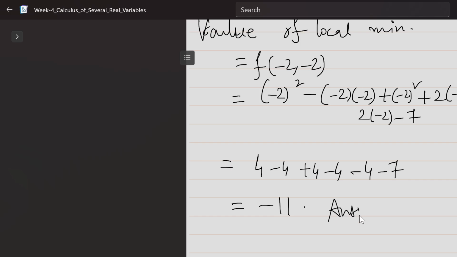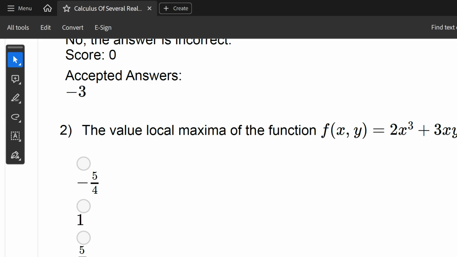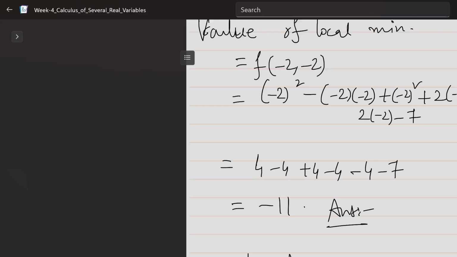Question number two is saying you have to find some local maxima. So the local maximum of what function? The function is 2x cube plus 3xy plus 2y cube plus 1. I am writing it also.